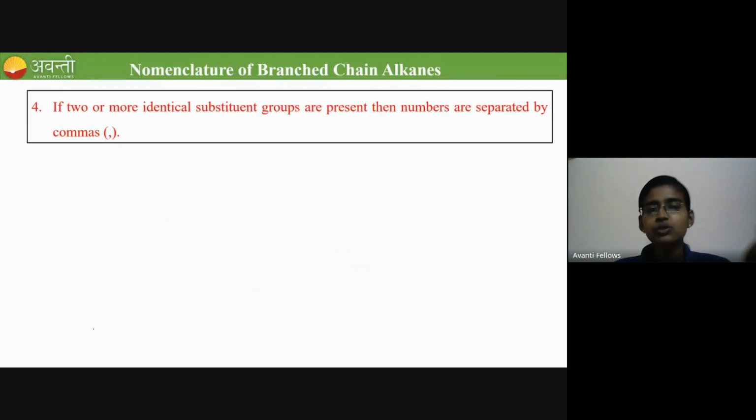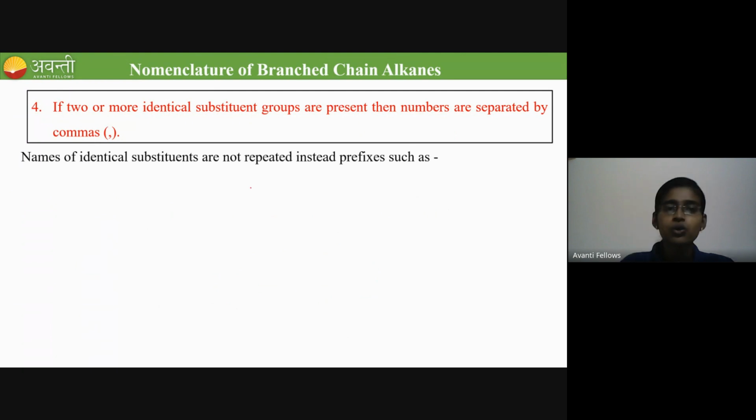Coming to the fourth rule, if 2 or more substituent groups are present, then they are separated by comma. If 2 or more identical groups. In the last example, we had 2 different substituents, one methyl and the other ethyl. But if 2 are the same, if 2 are methyl, if 2 are ethyl, then what do we have to do?